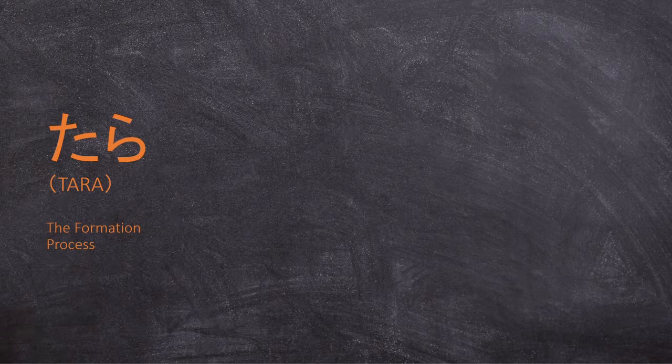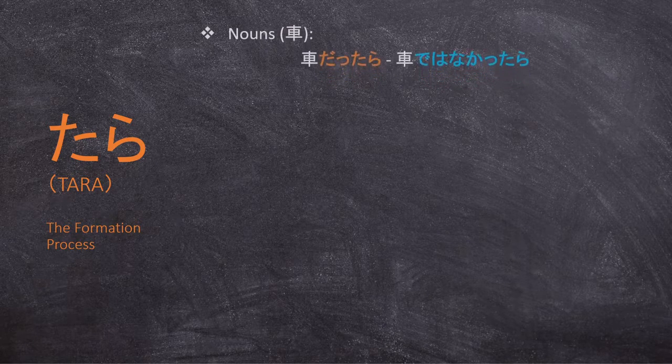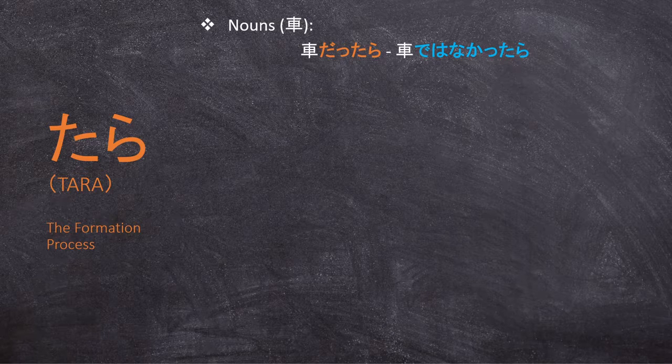Now, let's see the formation process for the tara conditional. As in my previous video with ba, here I will also use all of the word types to illustrate how to get the tara conditional. The first will be the nouns, and I have decided to use kuruma once again as an example, and you need to add dattara to it in the case of the positive condition, or de wa nakattara if you need the negative condition.